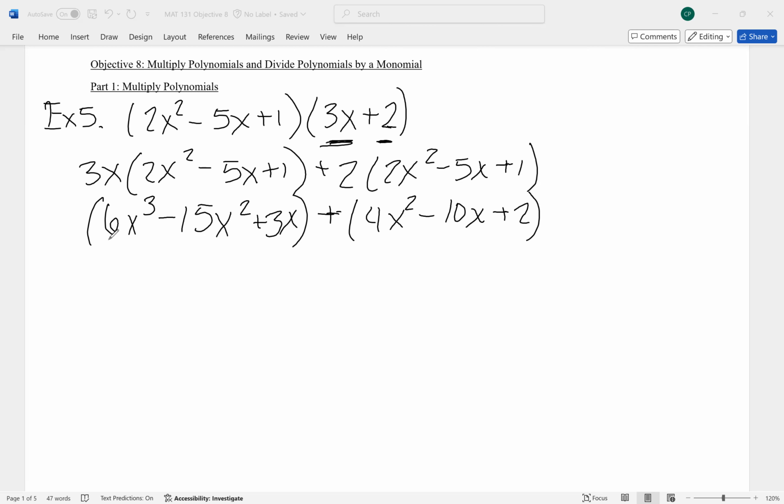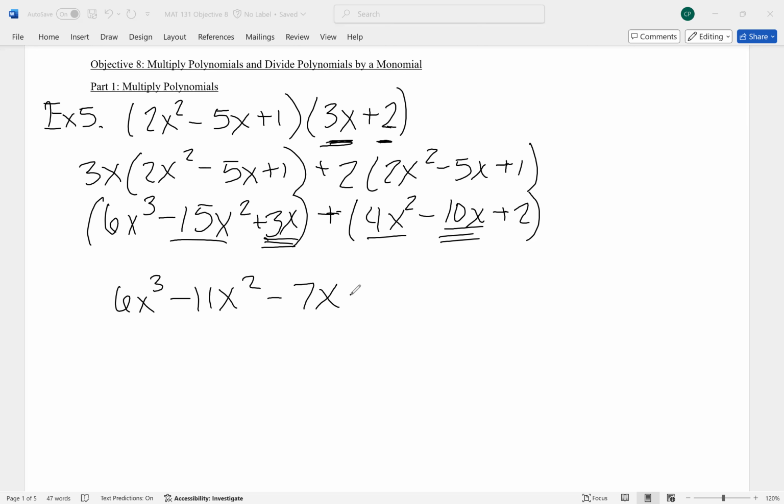So we want to find everything that has x cubed. We only got one thing that has that. Everything that has x squared, that's going to give us negative 11x squared. Everything that has an x, that is going to give us negative 7x.